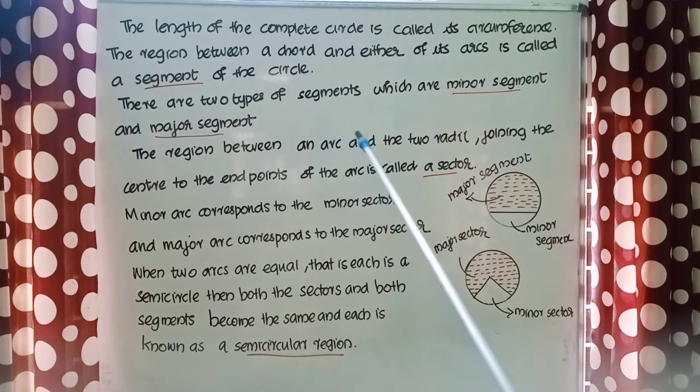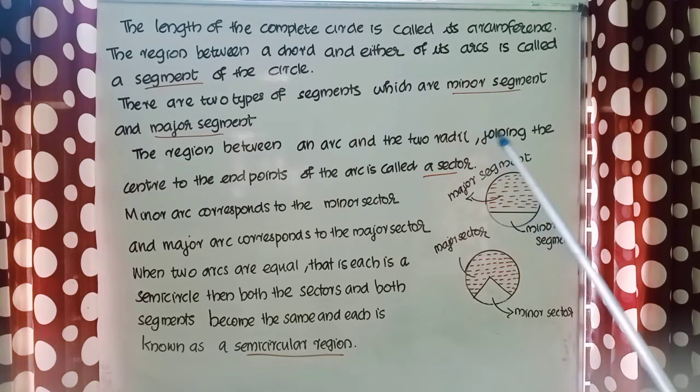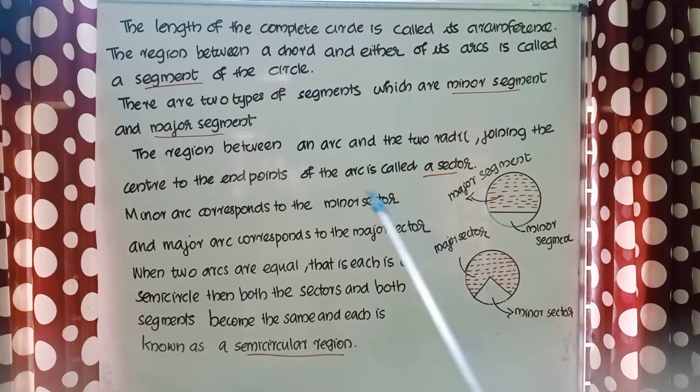The region between an arc and the 2 radii joining the center to the endpoints of the arc is called a sector. The region between an arc and 2 radii. So this type of portion is known as a sector. A minor arc corresponds to the minor sector and a major arc corresponds to the major sector.